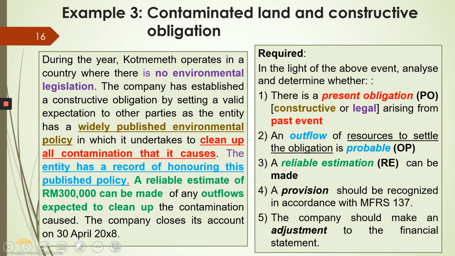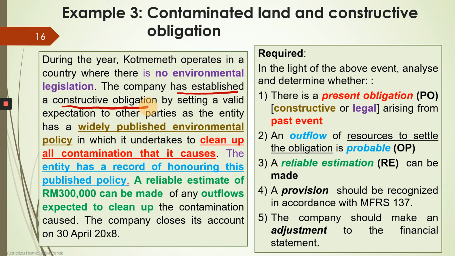Next one is the example that involves constructive obligation. It is also the same analysis. So in this example, there is no environmental legislation in the country in which the same company, just now called Mammoth, operates. The company has somehow established a constructive obligation by setting a valid expectation to other parties.